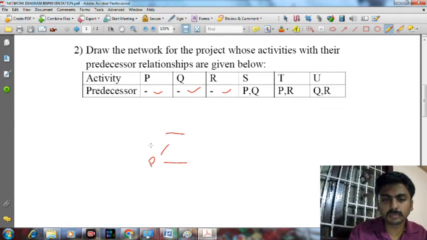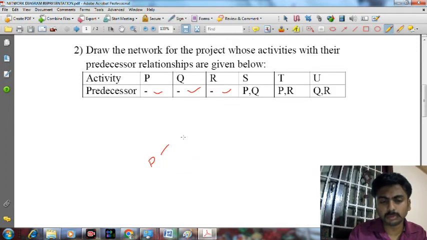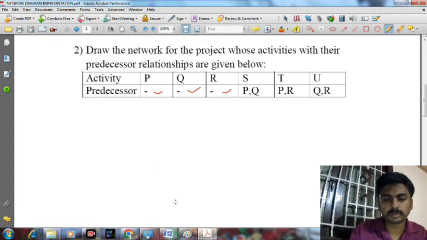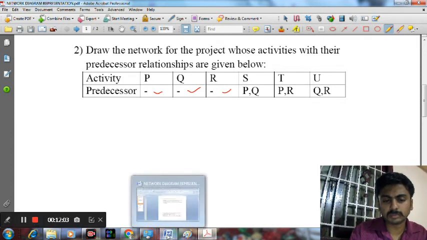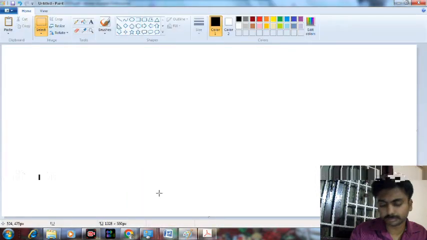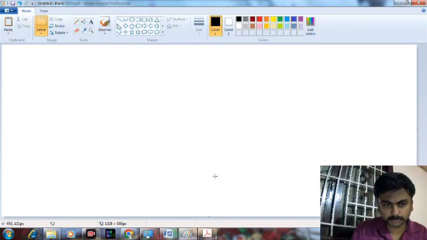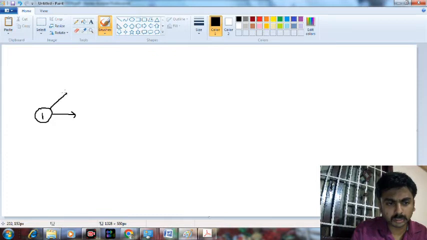Let me explain how to do that. First we shall draw P, Q, R. Again it starts with 1, and I have to draw 3 different activities.